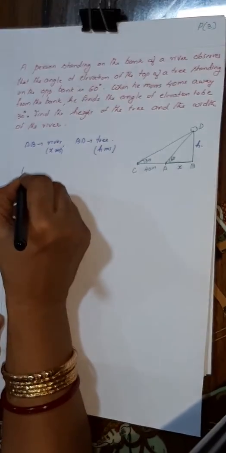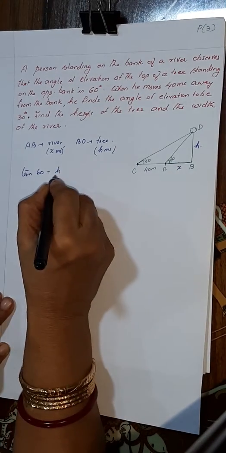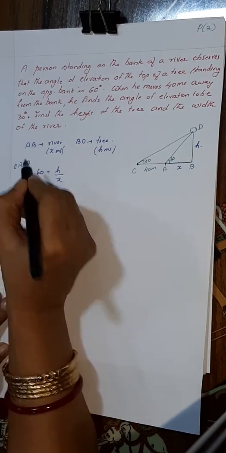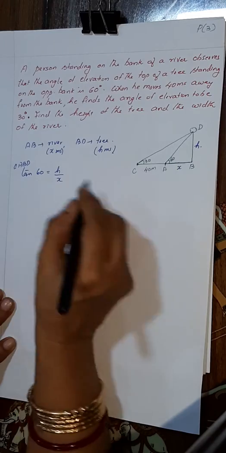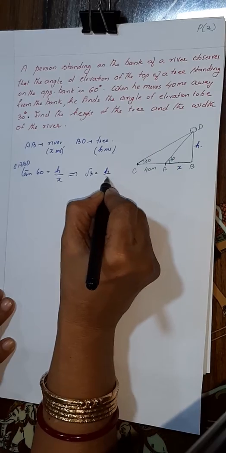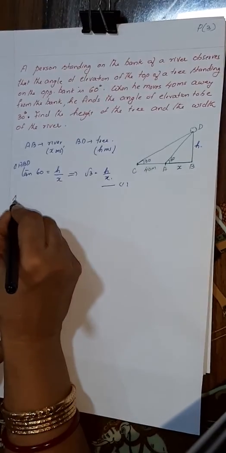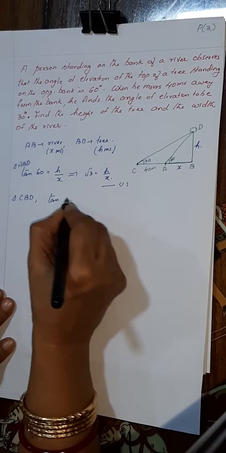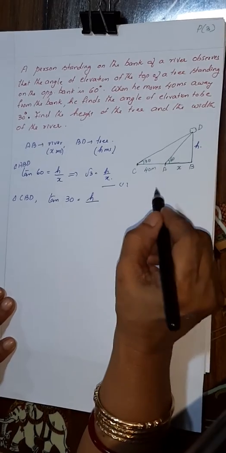Now, tan 60 is equal to h by x, that is in triangle ABD. So, tan 60 will be root 3. So, root 3 is equal to h by x. So, this is equation 1. And now, from C, so in triangle CBD, tan 30 is equal to opposite side by adjacent side.